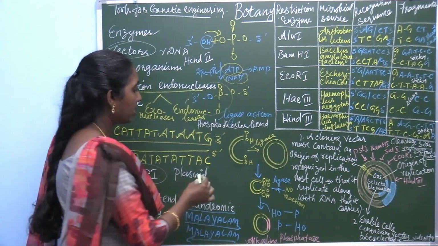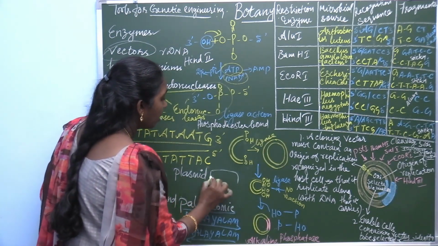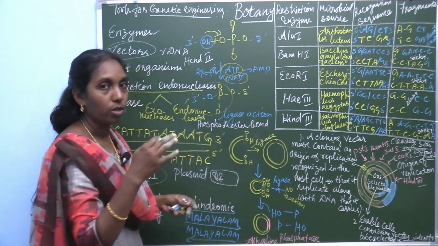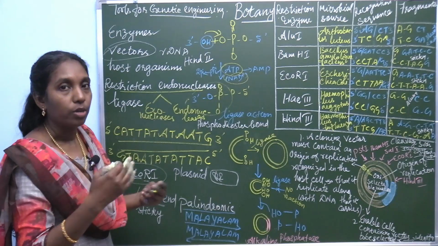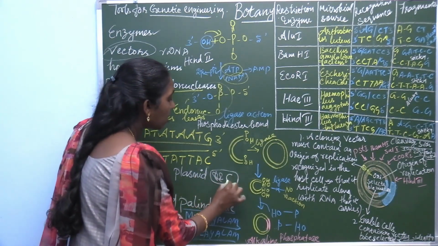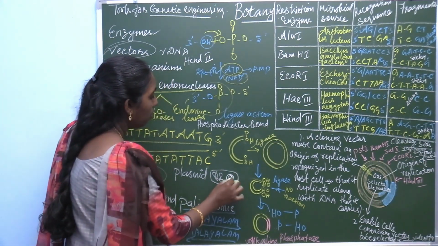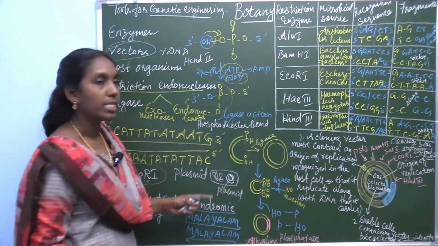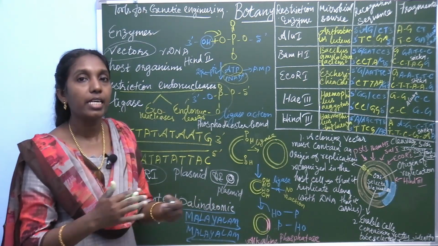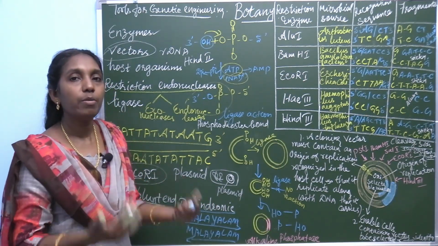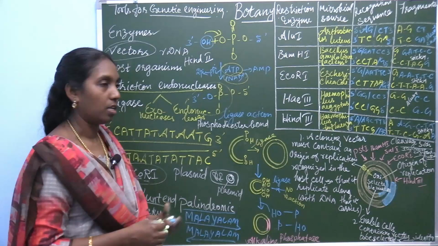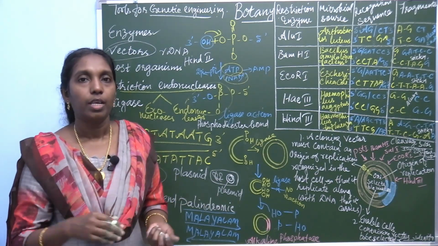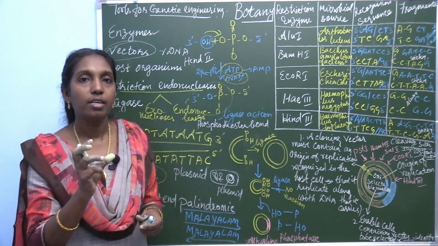You know, in the bacterial cell, in addition to the genome, the nucleoid, there is an extrachromosomal DNA which is called a plasmid. So this plasmid is present in bacteria as an extrachromosomal DNA, and is very much used as a vector for cloning foreign DNA.